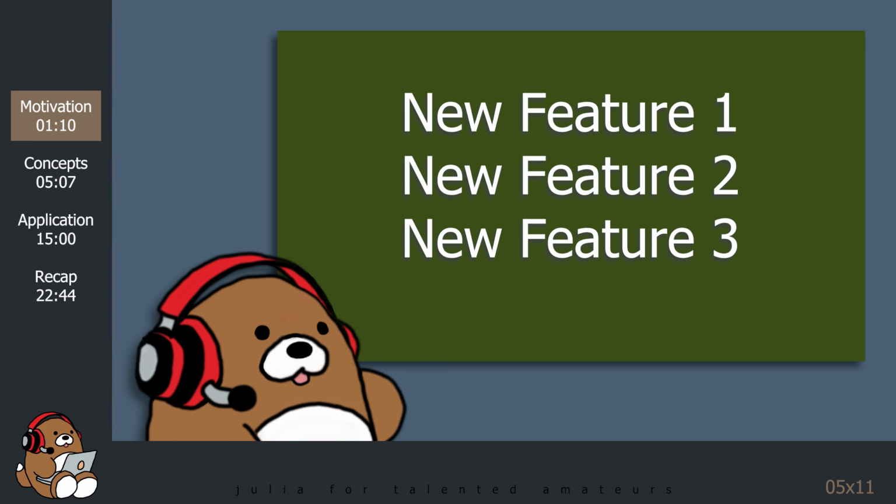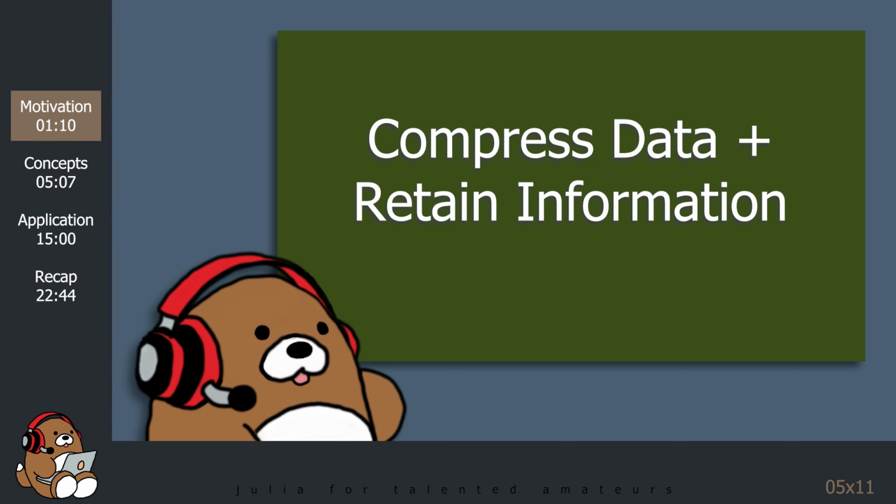That's the idea behind PCA. PCA is a method of compressing your data while retaining the most important information from your original data. The result is an abstraction of the original dataset in a much more compact and manageable form. Let's go through some code to help illustrate the concepts behind PCA.